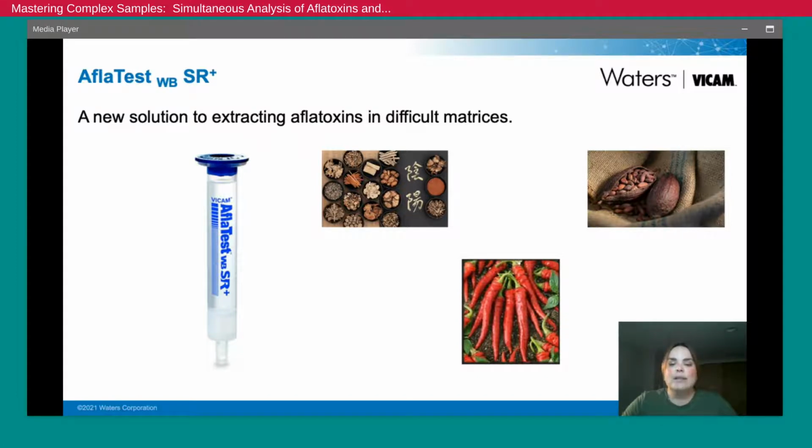The extraction of aflatoxins from representative commodities of interest, corn, wheat, oats, red chili, black pepper, cocoa, and a traditional Chinese medicine, was performed using a solvent extraction, then immunoaffinity column cleanup on the new Aflatest WB SR+ immunoaffinity column.